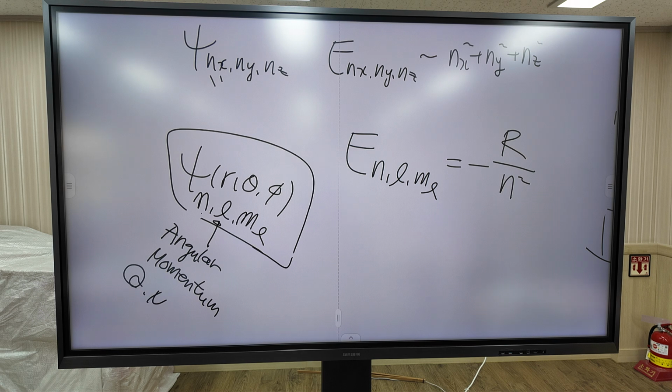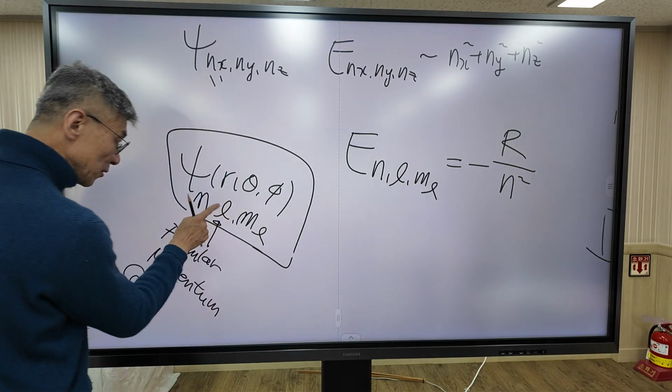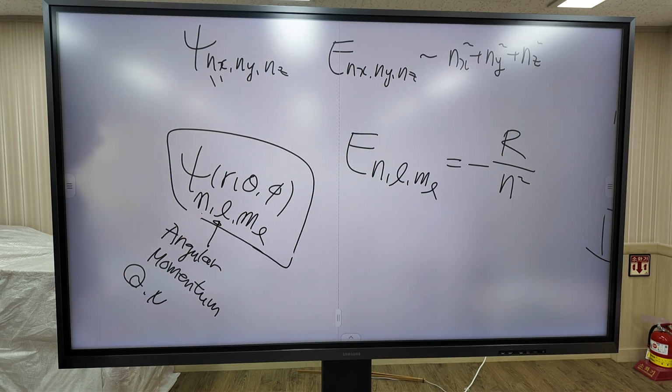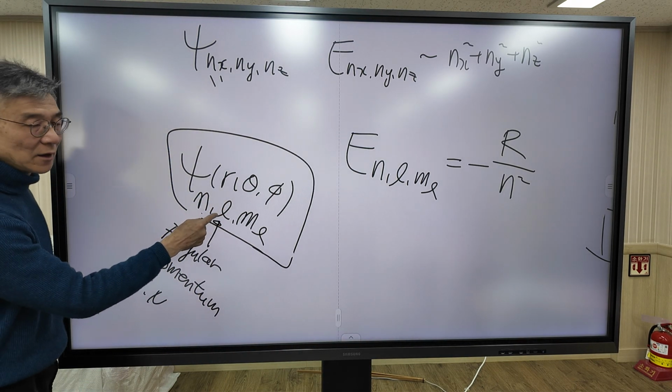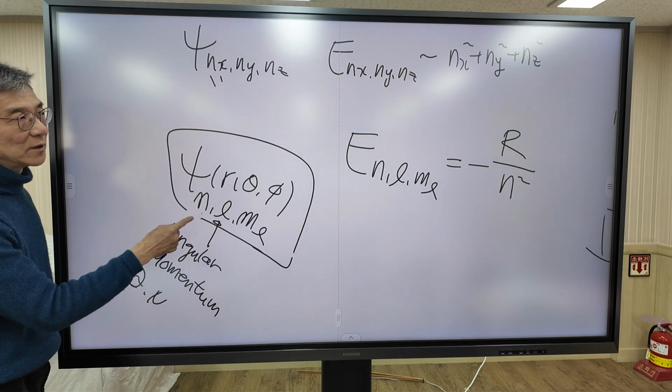This quantum number is called the angular momentum quantum number. Once you know l, you can calculate the angular momentum.